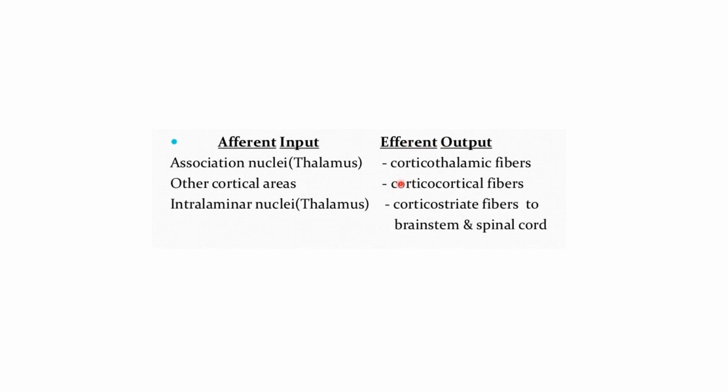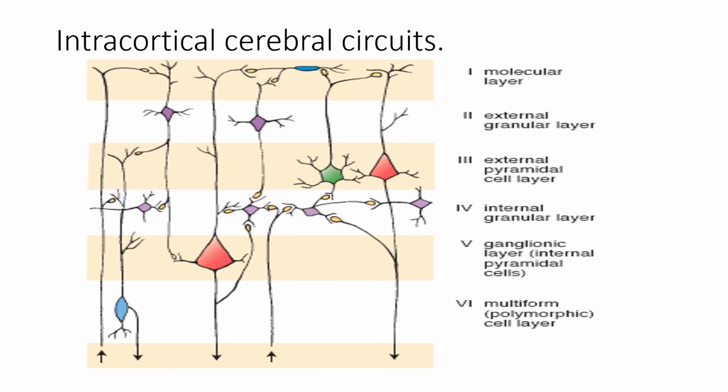And efferent are corticothalamic, corticostriate to the basal ganglia, and fibers going from cortex to spinal cord and brainstem: corticospinal, corticonuclear, corticopontine, all these are the efferent fibers. Now, you must be knowing more than me now. So this is just to revise again.